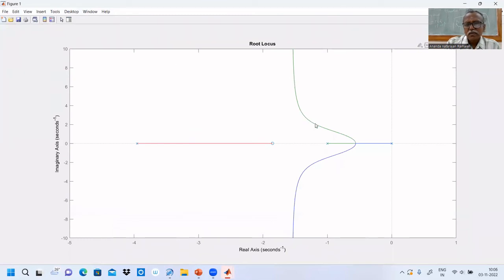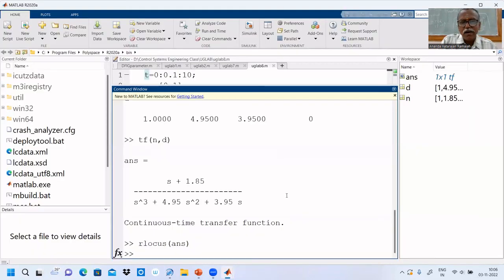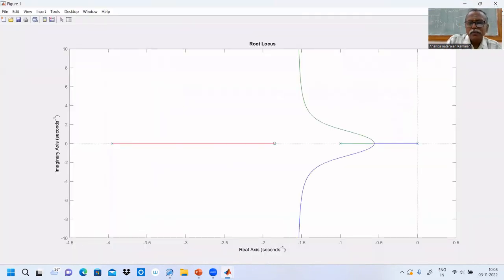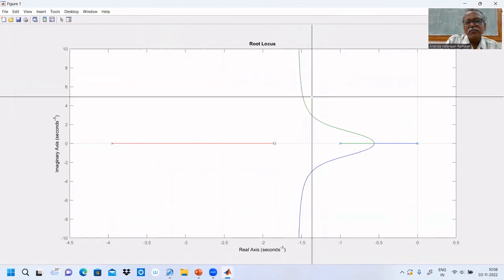Now we have to find the value of k at minus 1.5 comma 2.6, using rlocfind.